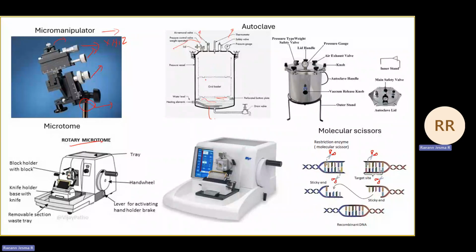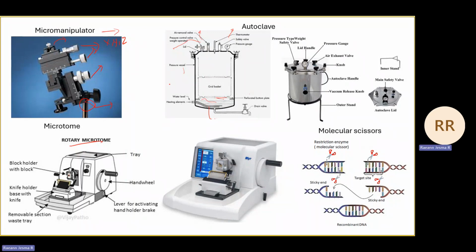And another thing is we also have a pressure control valve. If we are increasing the pressure, the steam molecules will be very close to each other. That means it will require more energy to remain in gaseous form. If we are working at normal atmospheric pressure, the boiling point of water will be 100 degrees centigrade.